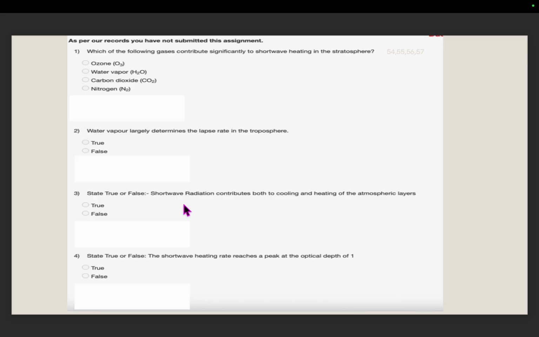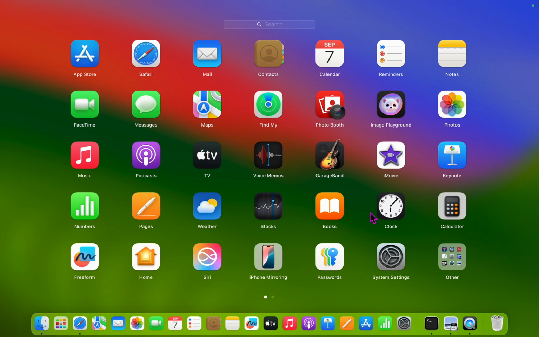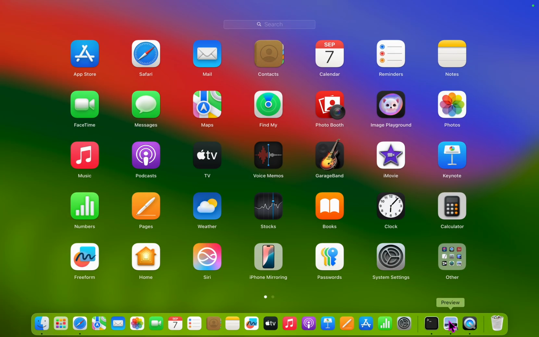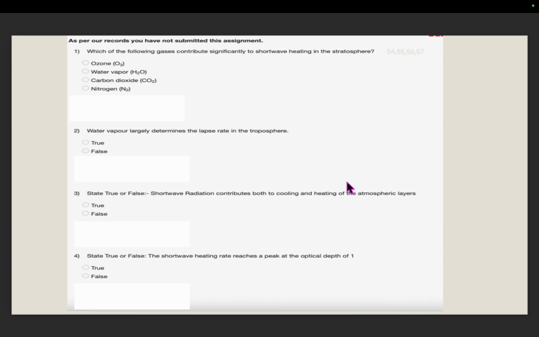Here, the key thing they are mentioning is that both cooling and heating are done by the shortwave radiation. Is this statement true or false?